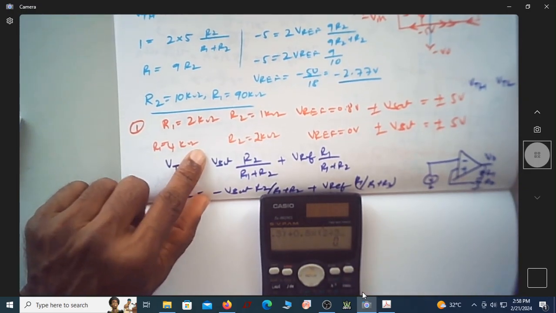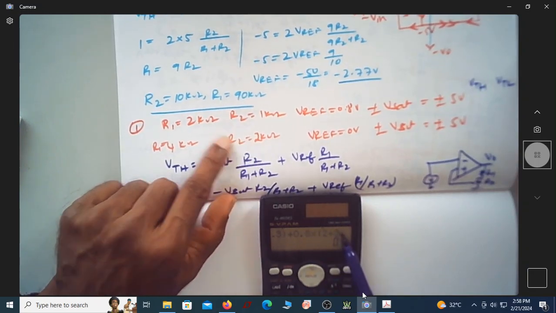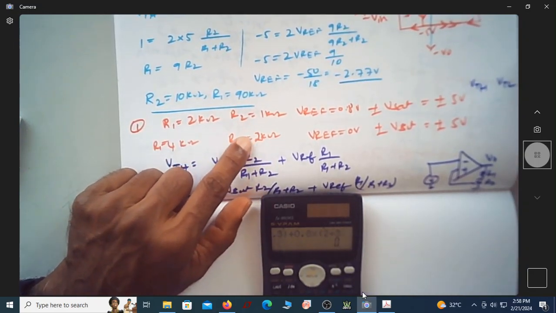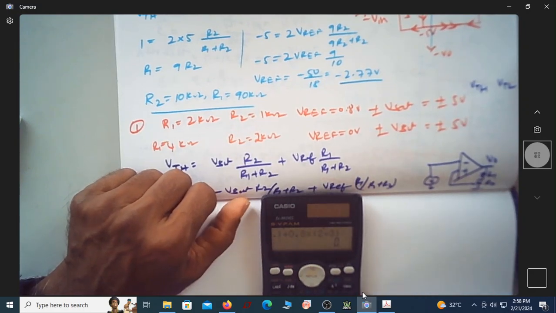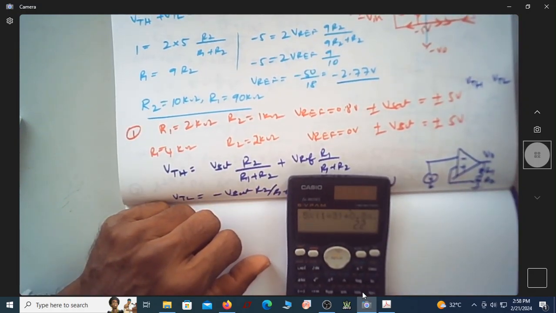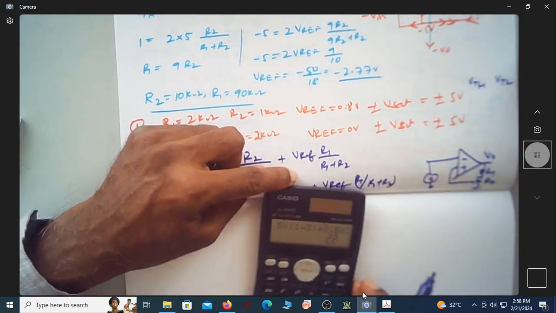So this is now actually R1 by R1 plus R2. So R1 by R1 plus R2 is 3K, because K I'm just taking out.